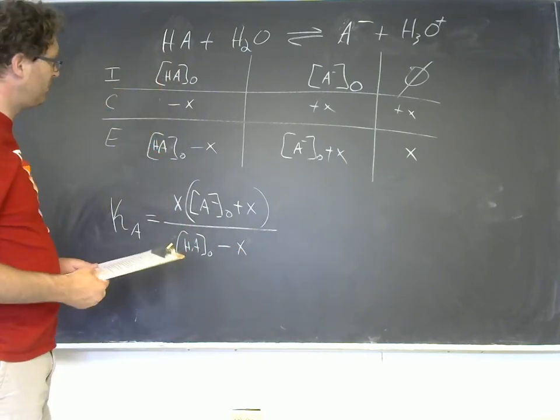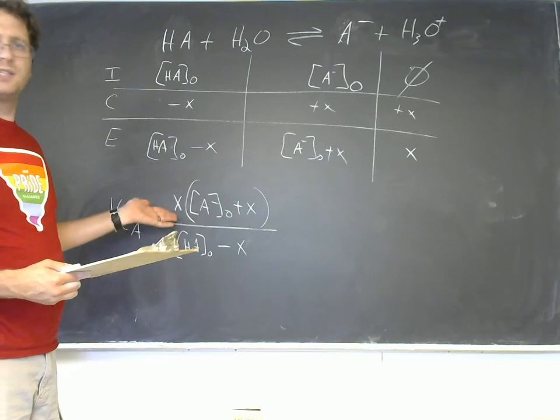Sorry, I'm getting sloppy here. And now we're used to doing ICE tables, and what do we do at this point?